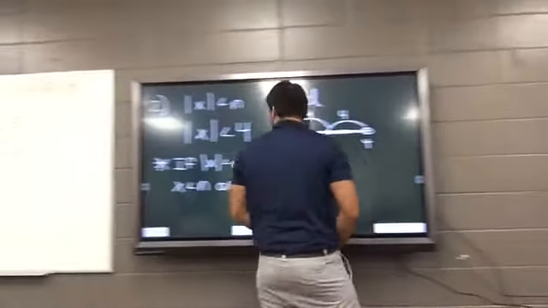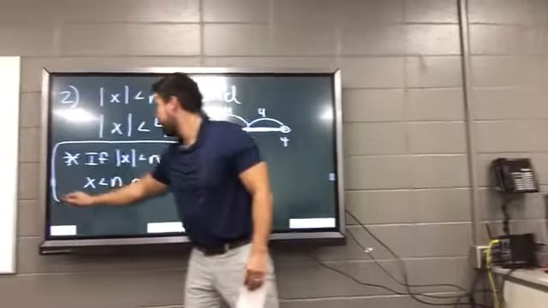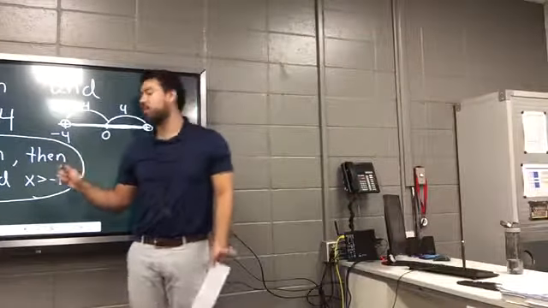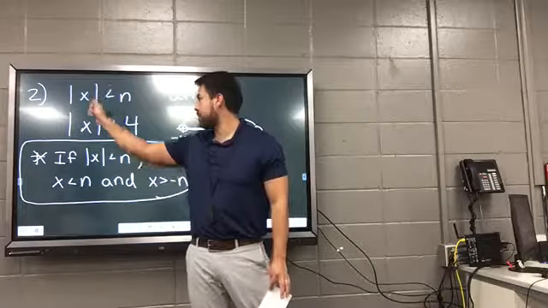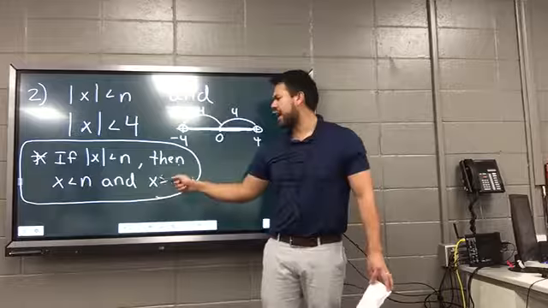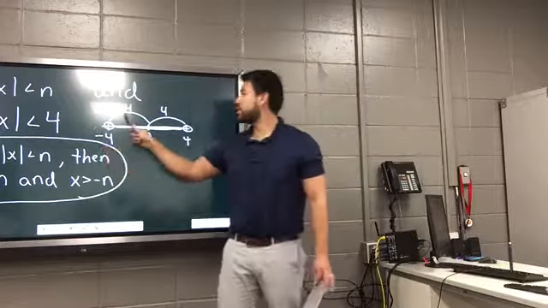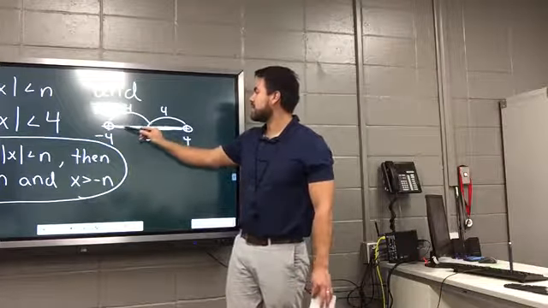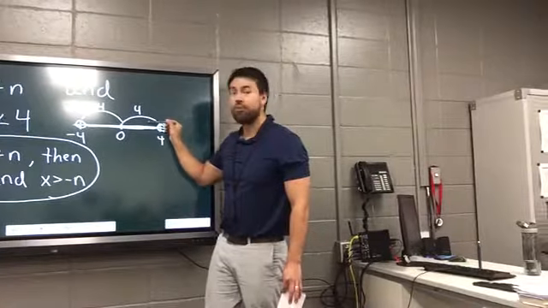Okay, so this is confusing to some, and I get it. I think the hardest part is not that x is less than n. We see that from the inequality. But how did you get x is greater than negative n? Same thing. Look at this problem right here. Didn't we say that x is less than 4?